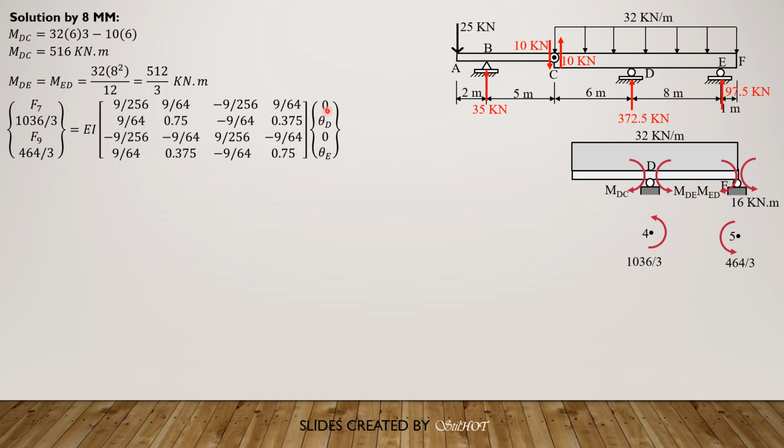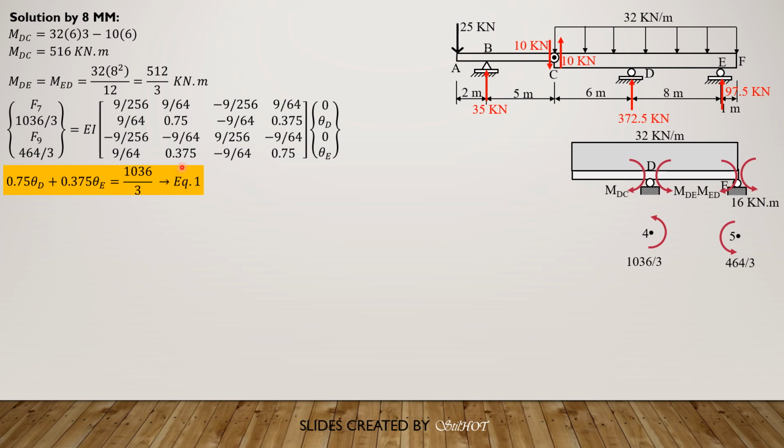Then we have delta D, which is 0, then theta D, then delta E, which is 0 also, then theta E. So we expand rows 2 and 4. We simplify this equation because the other displacements are 0. So that would be 0.75 of theta D plus 0.375 of theta E equals 1036 over 3.